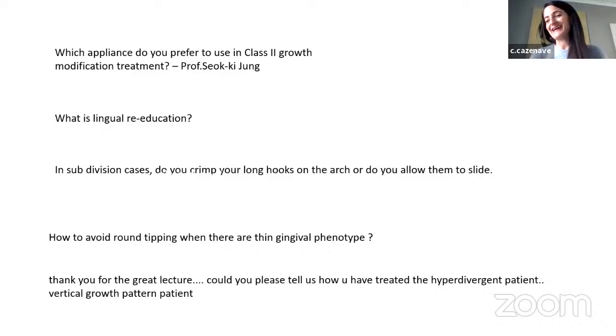But I have another biomechanic scheme with 2 coils, one on the arch to distalize one molar, and another between the anterior hook and the miniscrew to distalize all the anterior teeth. So we have to adapt our biomechanics to the case.